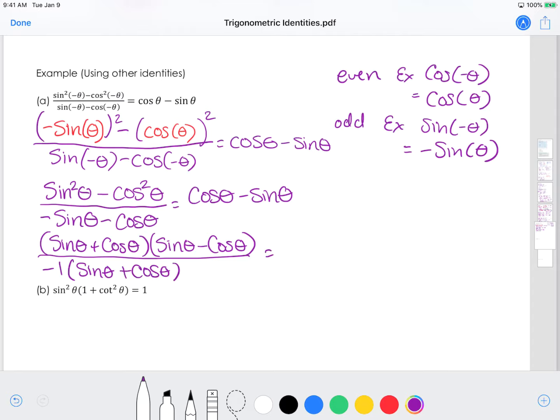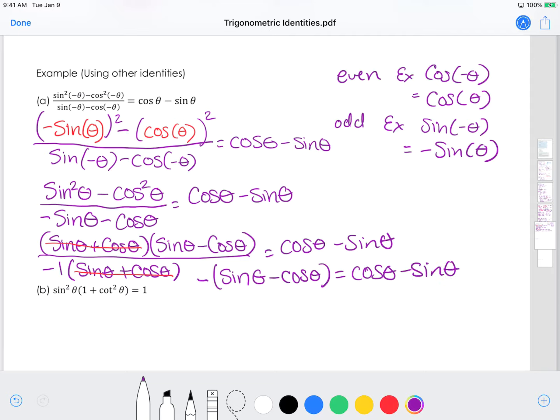And I want to show that that's equal to cosine theta minus sine theta. Now I can get rid of the sine plus cosine theta on the top and the bottom, and I'm left with negative sine theta minus cosine theta. And I want to show that that's equal to cosine theta minus sine theta.